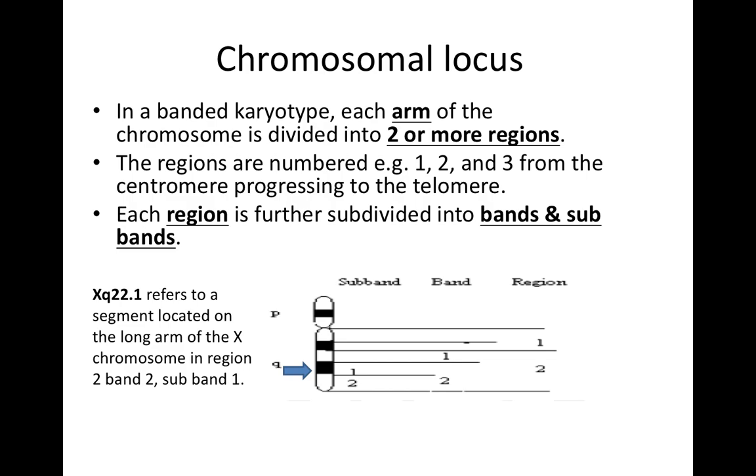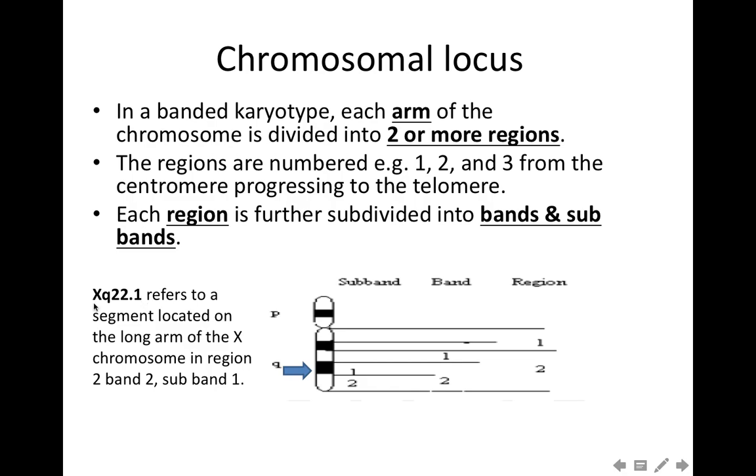The locus is used for mapping of the gene loci. So if you want to describe where the gene lies on a chromosome, you describe its locus, and through the G-banded karyotype, you determine the locus position according to the number of the chromosome, the region of the chromosome, the band, and sometimes you put a dot after the band, and then you mention the subband.